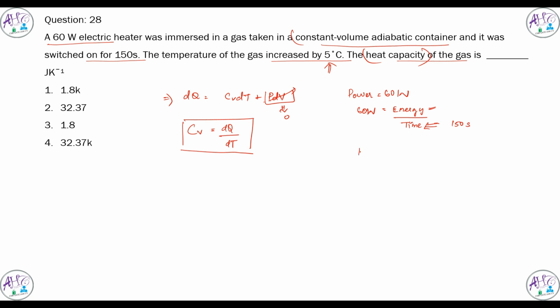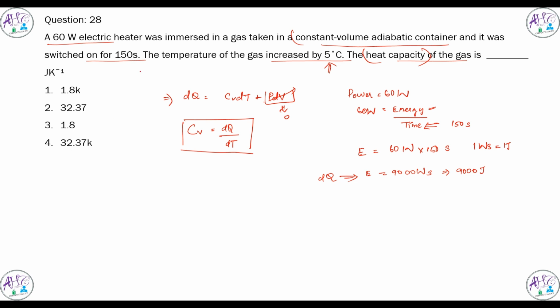In order to find energy, you simply multiply 60 watt into 150 seconds. And 1 watt second is nothing but 1 joule. So if you multiply, you will get the energy as 9,000 watt seconds, which is also called 9,000 joules. So your energy is 9,000 joules, which is nothing but your change in heat, dq.